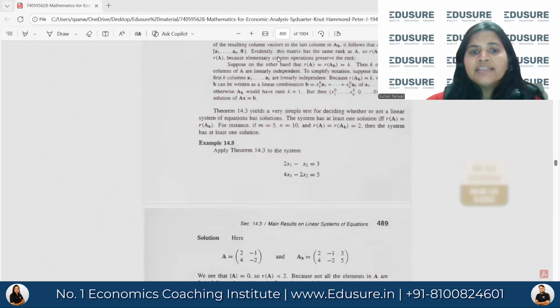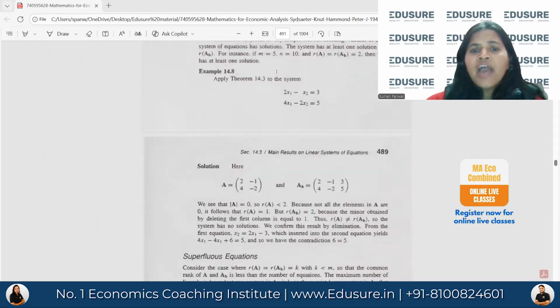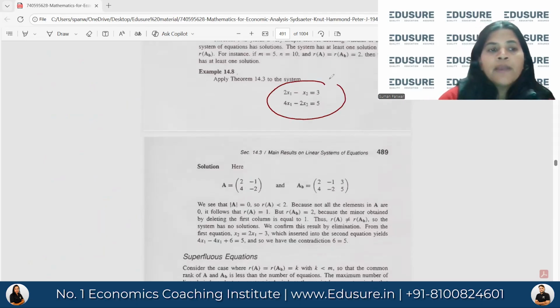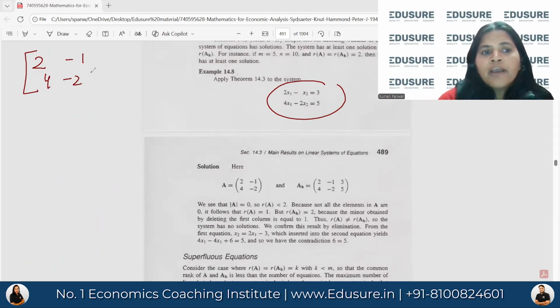All right. Now let us see an example. So the example says, do we have a solution to this system of equations? Okay, so let us try to write this in matrix form. 2, minus 1, 4, minus 2, times x1, x2 is equal to 3, 5.